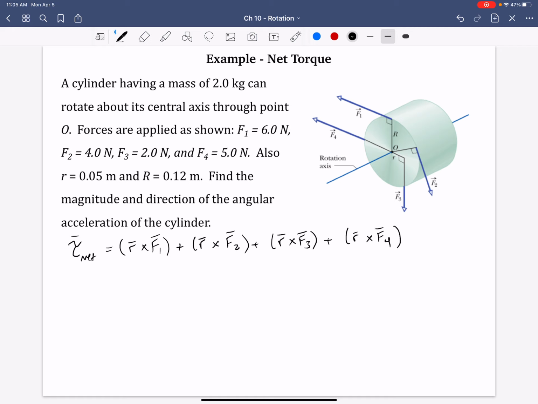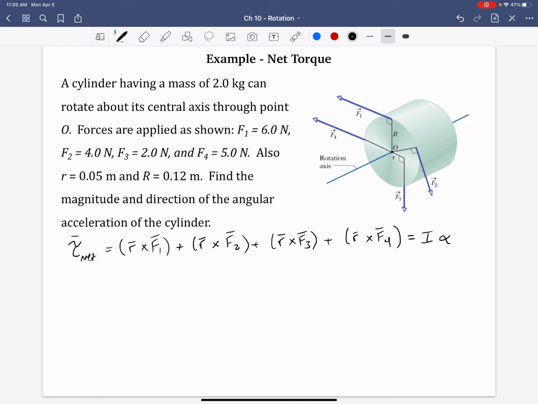Just like back in chapters 5 and 6, for a net force we had that equaling mass times the net acceleration. In chapter 10, when we have a net torque, it's the moment of inertia times alpha. Moment of inertia is the chapter 10 analog to mass.